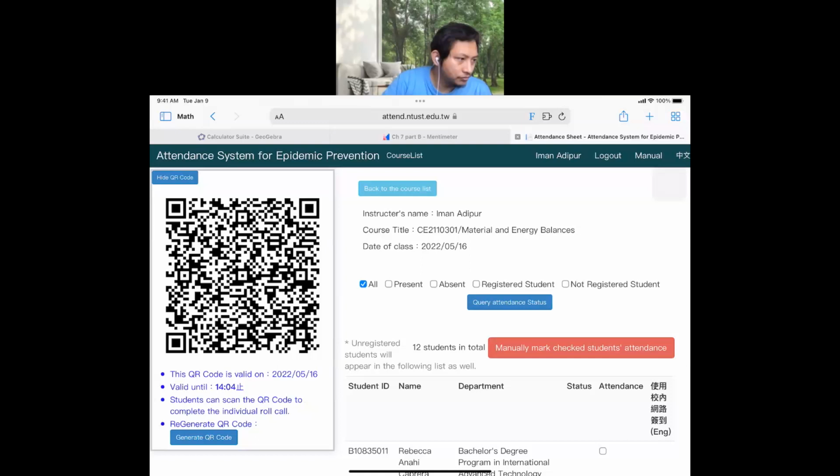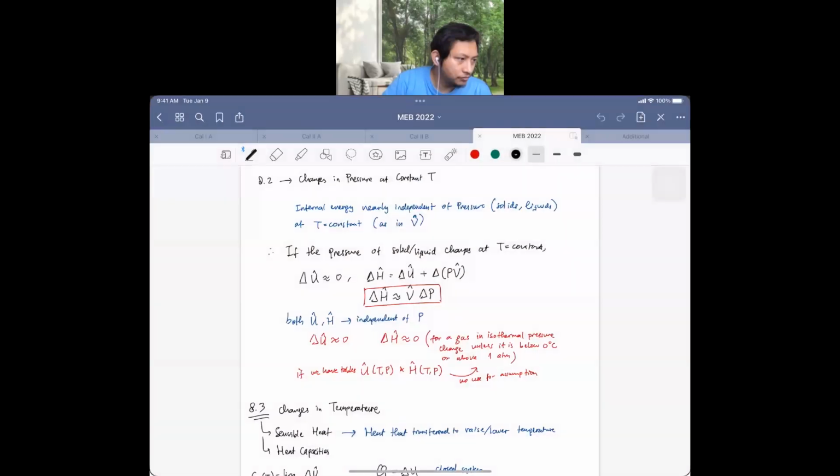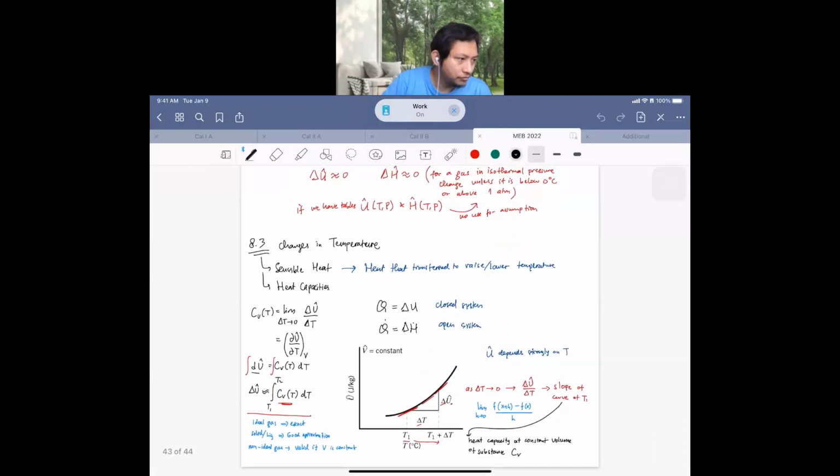Okay, I will move to our notes. This is the last section we discussed, 8.3, the change in temperature, and we are developing the delta of internal energy is approximately equal to an integration from T1 to T2 of the heat capacity at a constant volume, Cv dT.